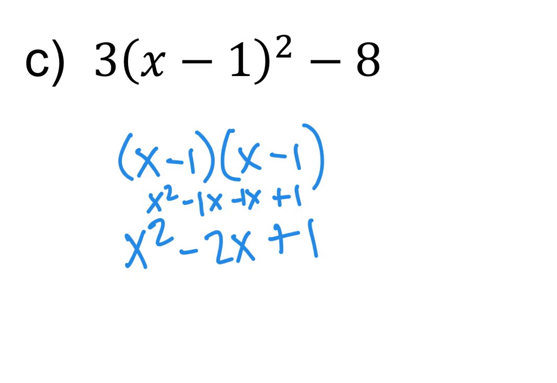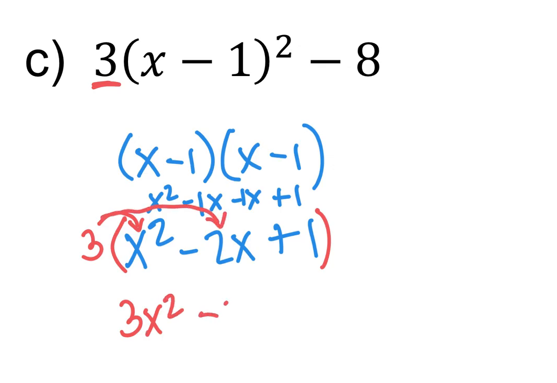Okay, what is the second step? Multiply and distribute here. So we bring down that 3, right? So let's distribute that 3 across. So we have 3x squared, negative 6x, plus 3.